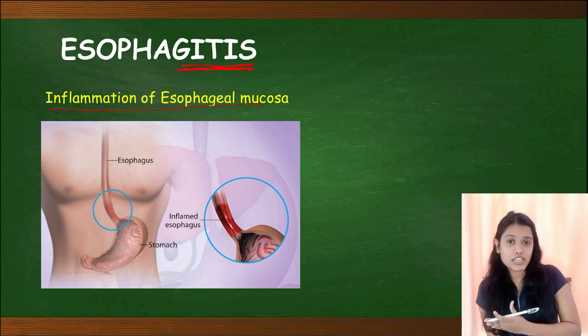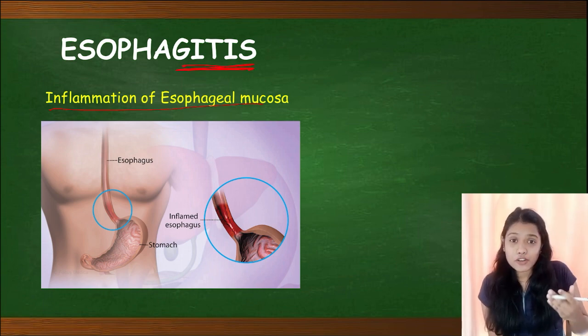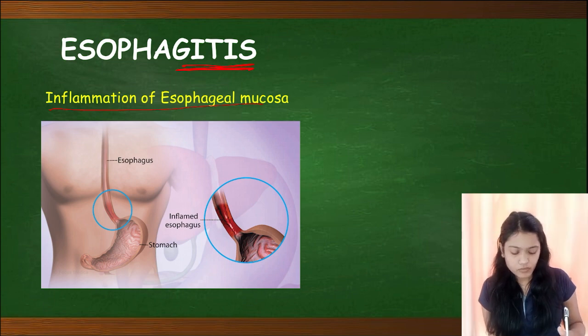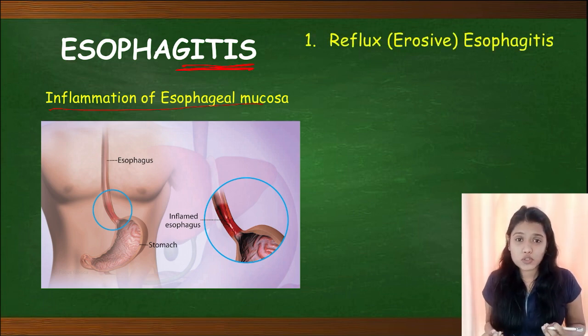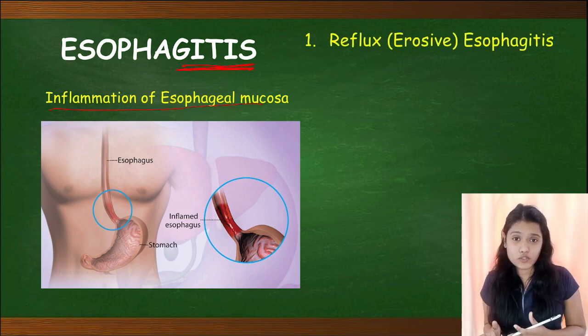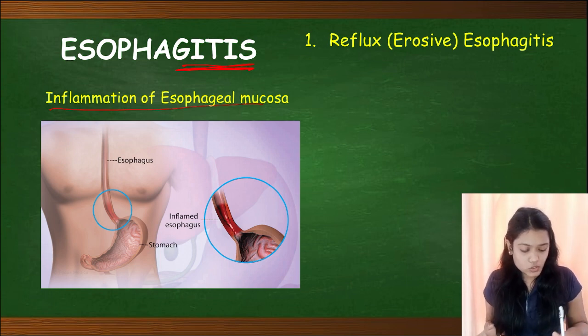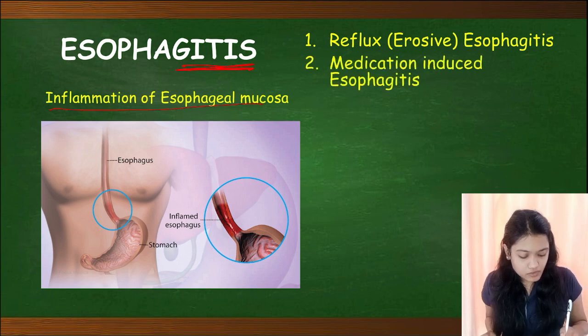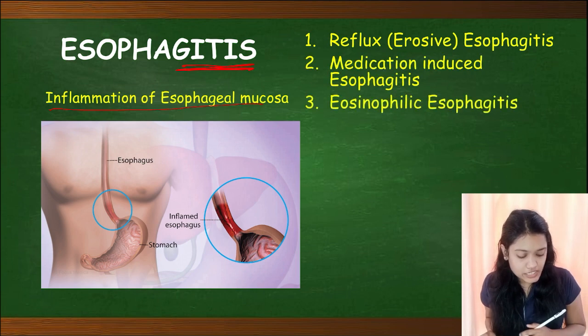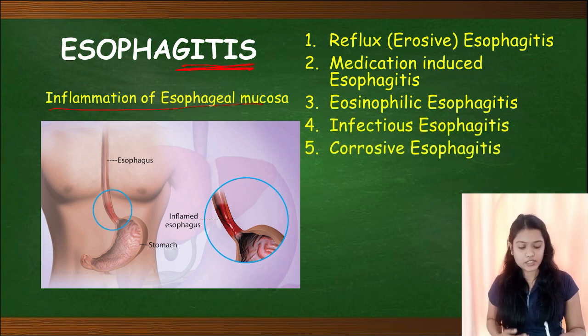So esophagitis means inflammation of the esophagus. Now there are different types of esophagitis. The first one is reflux esophagitis, also known as erosive esophagitis. This erosive esophagitis is the complication of GERD. But there are other esophagitis as well, like medication-induced esophagitis, eosinophilic esophagitis, infectious esophagitis, and corrosive esophagitis.